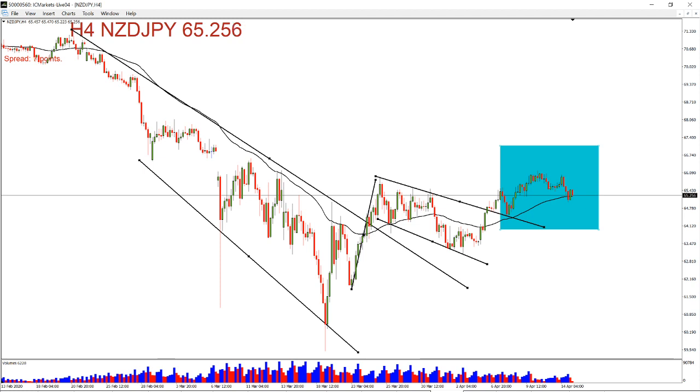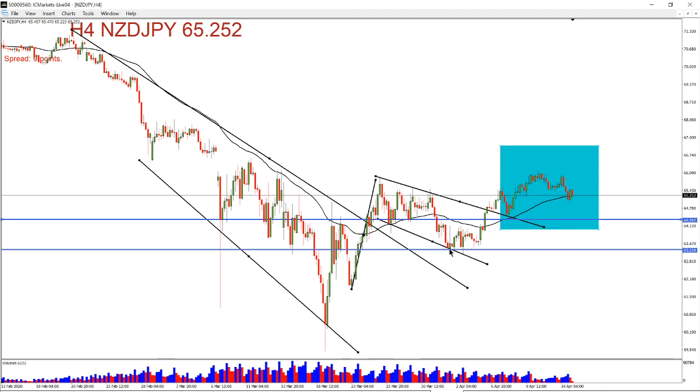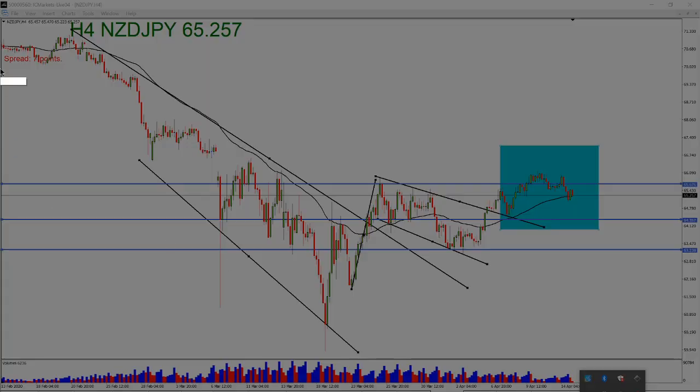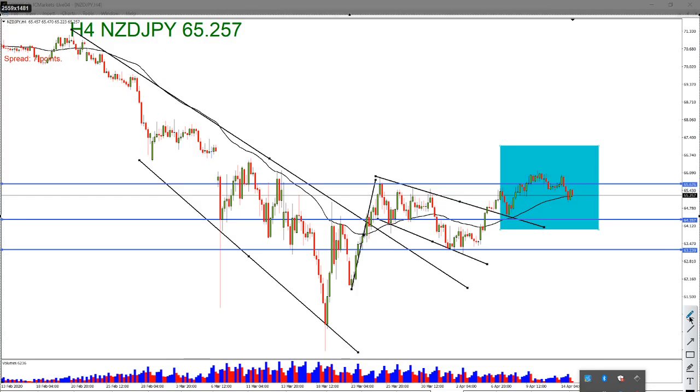We will create our resistance or support, whatever is in there. There you go. Now, what happened here? The market went up. It broke the moving average earlier. Very good. It broke the trend line, and it broke this resistance area.